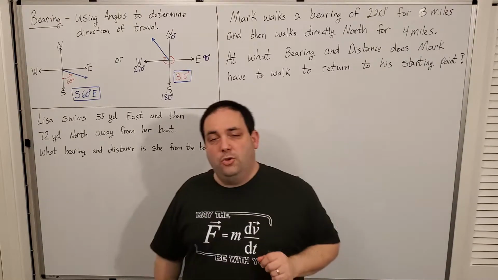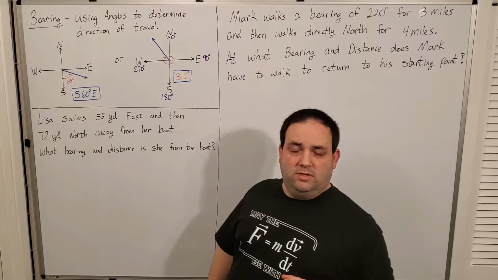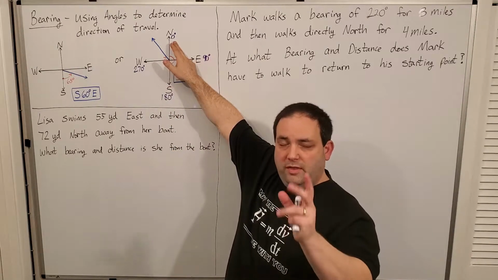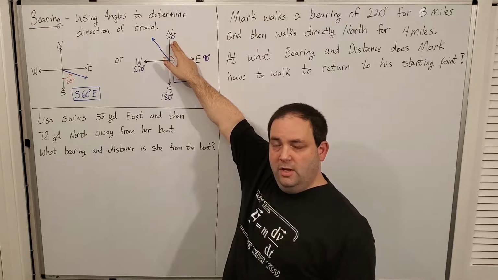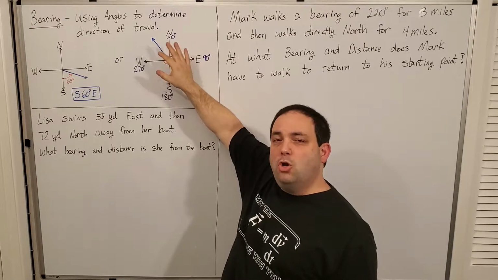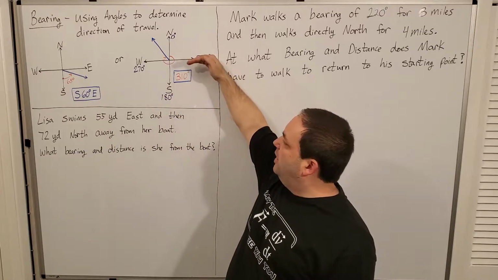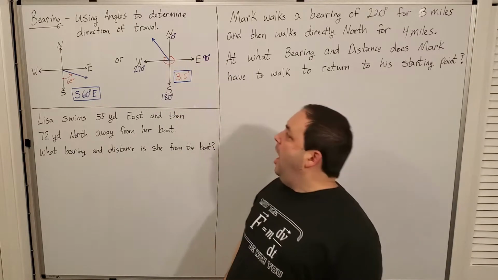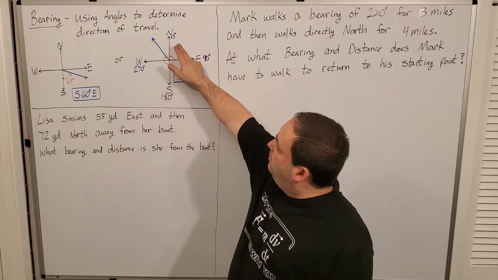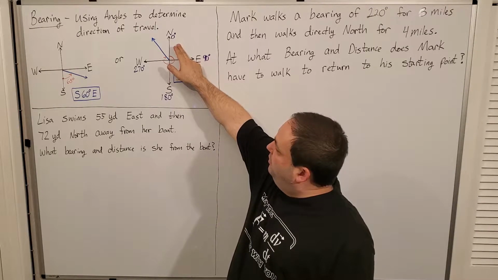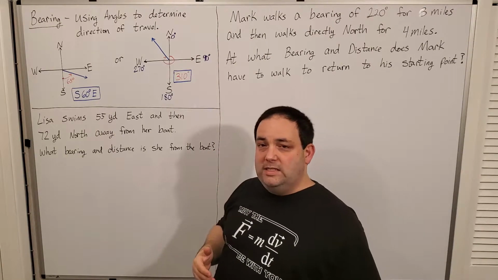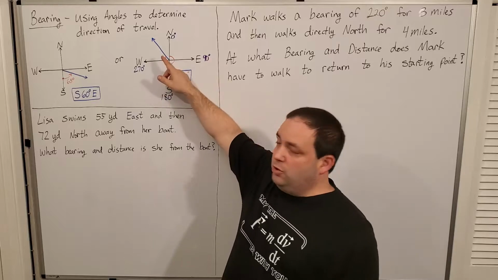Or you can use the compass type of directioning, which uses 0 degrees as north. Now this is going to be a little counterintuitive because this is not our Cartesian system where the standard angle starts on the horizontal line. Our 0 degrees for compass type of bearing is north. 0 degrees is north, and it rotates in a clockwise direction.